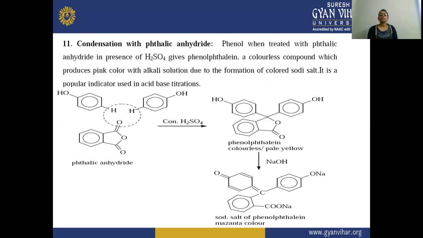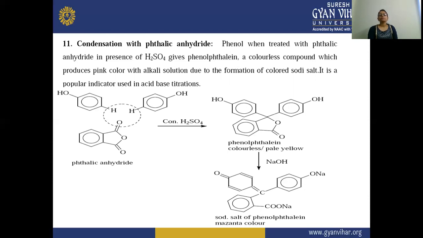It is a popular indicator used in acid-base titration. So in acid-base titration analysis, we use this phenolphthalein mostly as an indicator. So here you can see, when we are treating two molecules of phenol with phthalic anhydride in the presence of concentrated H2SO4, we are getting phenolphthalein, which is colorless or pale yellow.